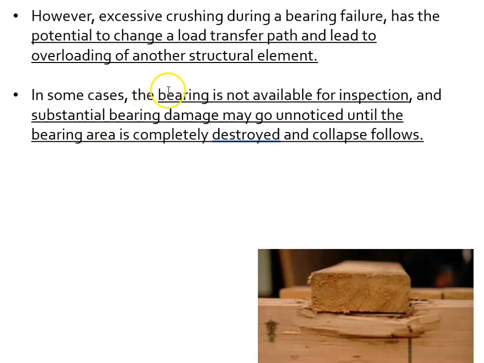And in some cases, it points out here that bearing is not available for inspection. Often all this framing, especially in wood construction, such framing, dimensional lumber, is covered by drywall and siding, so we can't see it. So a substantial amount of damage could go unnoticed until something actually is destroyed and collapse follows.